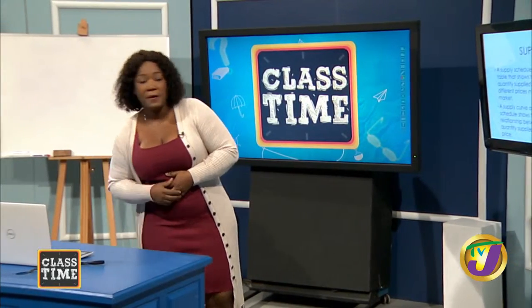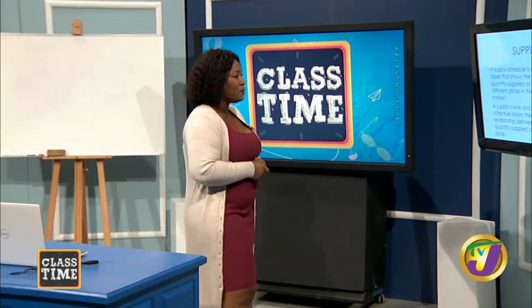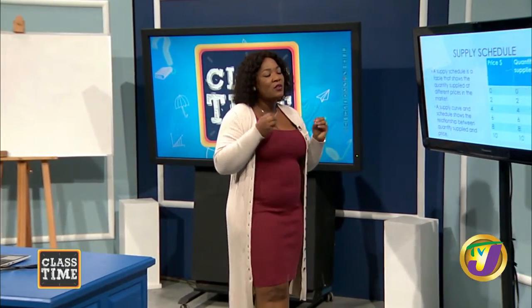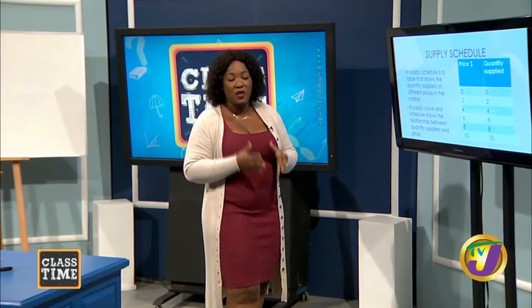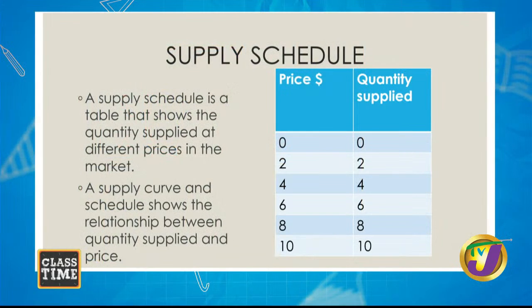Let's look at supply. Now, we have the supply schedule. The schedules normally are a reflection of what the laws state prior. And as we said earlier, the law of supply states that once you have an increase in price, the supply will increase.